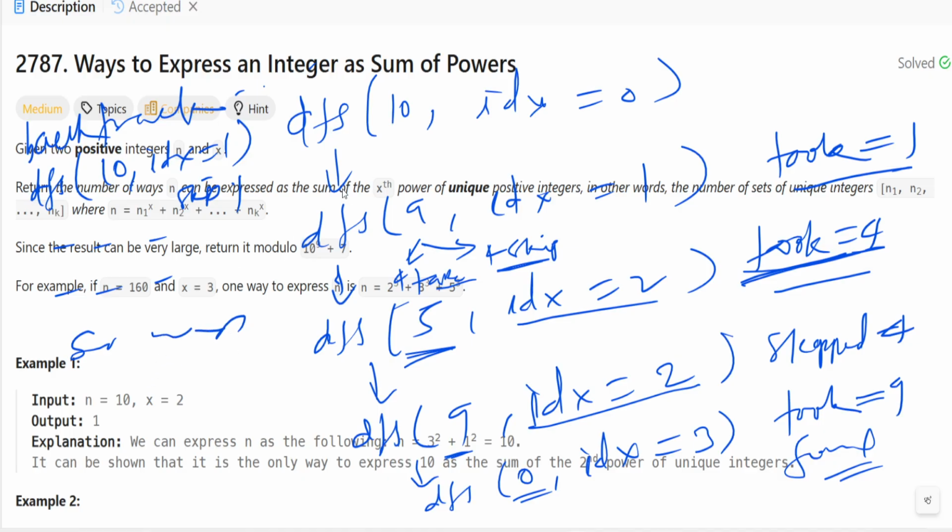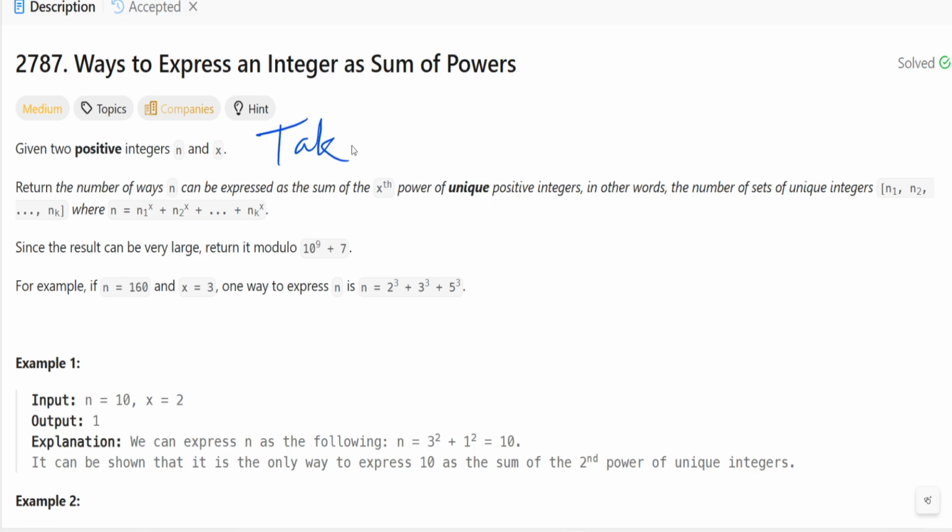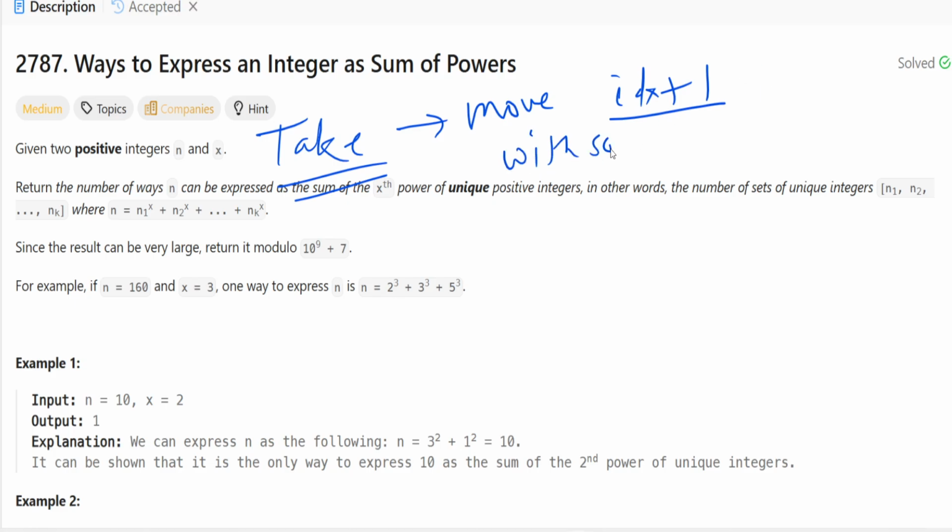And so on, we will reach the last. Means if you're talking about the concept, what is the concept here? When we take, we move to where? Index plus 1, correct? With some remaining. What is the remaining? We'll just do minus p, whatever we are getting.